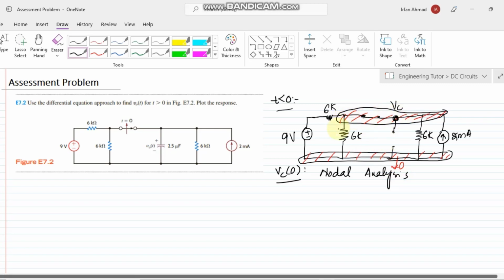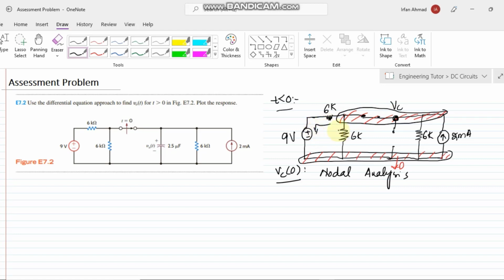Through VC I can see many currents. First is this one, second one is this one, third is this, and fourth one is this one. So let me write them with this color: I1, I2, I3 and I4. According to KCL, the sum of I1, I2, I3 and I4 is equal to 0.